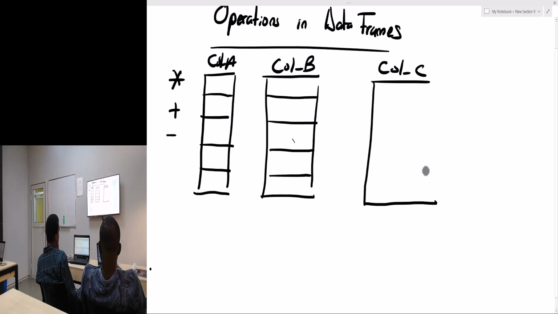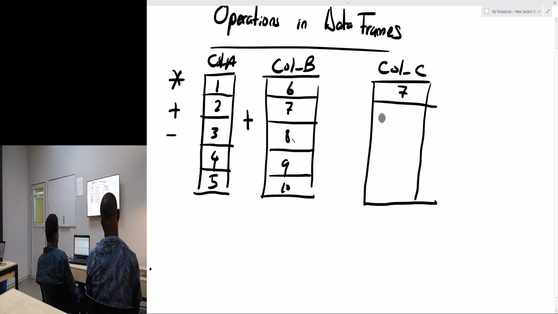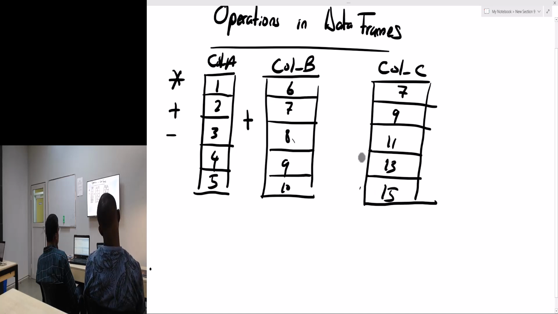But R is a little bit different. So if this was 1, 2, 3, 4, 5, and here we had 6, 7, 8, 9, 10. If we say column A plus column B, the result will be 7, 9, 11, 13, and 15, right?